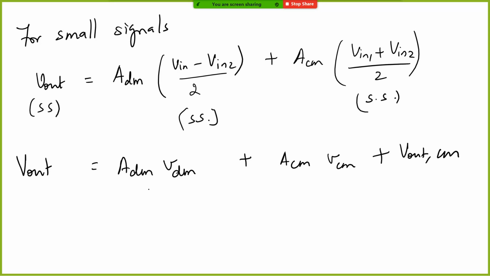Of course, when you say V out, which is nothing but V out P minus V out M, therefore this common mode does not come into the picture.